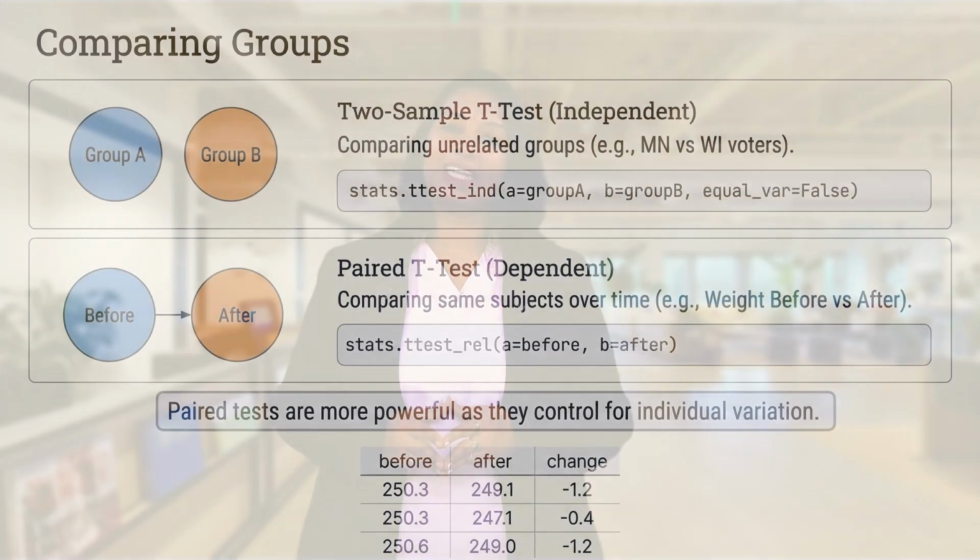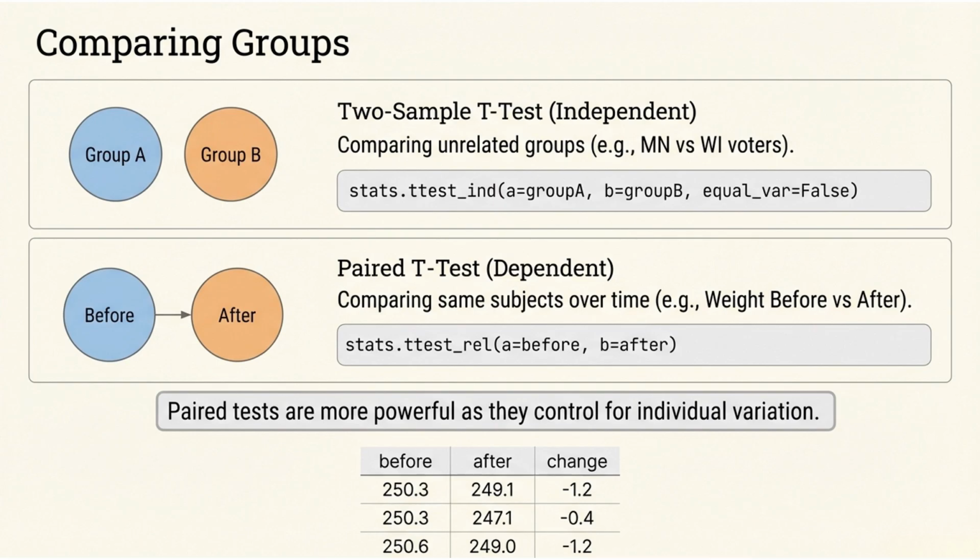national average. Now we try to compare two groups, independent groups and paired or dependent groups using t-test. First, let us look at the two sample t-test, also called the independent t-test. This test is used when we are comparing the means of two unrelated groups, such as the voters from Minnesota versus the voters from Wisconsin of US.